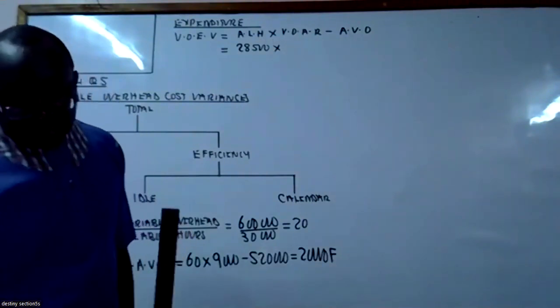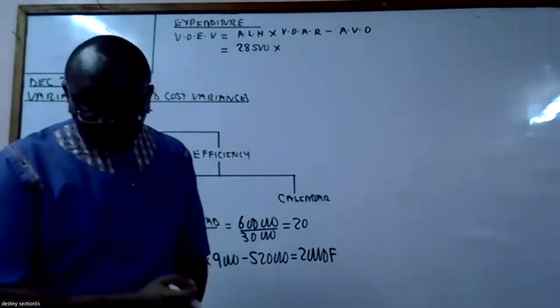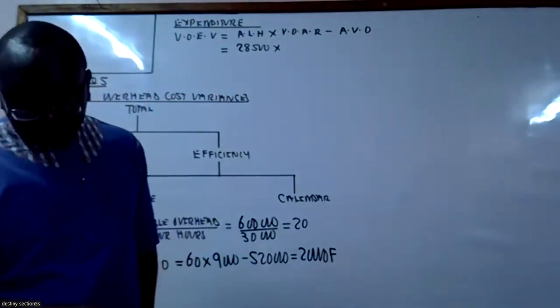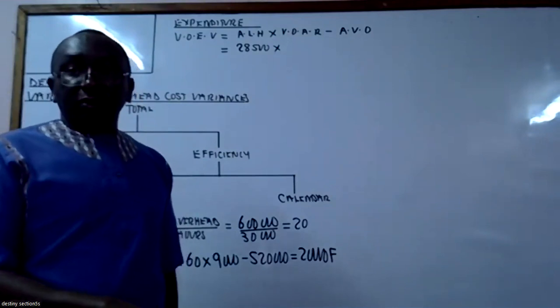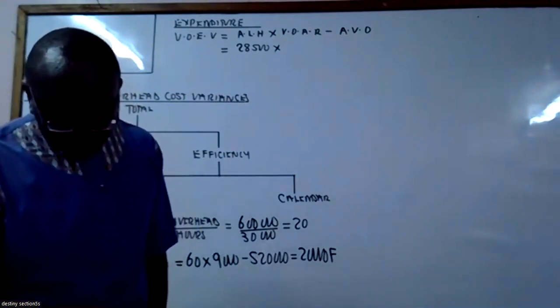When you look at the standard card, you can see variable overhead, 3 hours at 20. It is the same thing that is also provided in the budget.